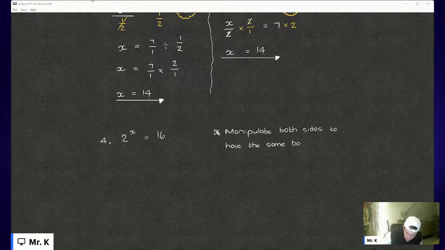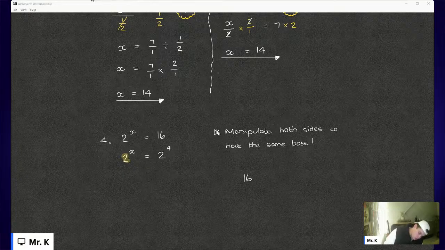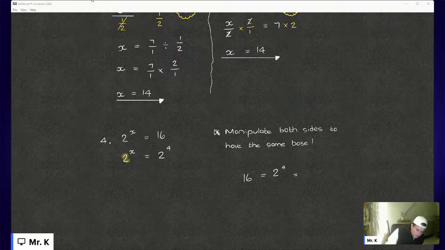Right? So on the left-hand side, I have 2 to the power of x. There is nothing I can do to change the base of 2 over here. But on the right-hand side, I need to find a way to convert 16 into an exponential term that has a base of 2. Now, 16 is the same as 2 to the power of 4 because it's equal to 2 times 2 times 2 times 2, right?